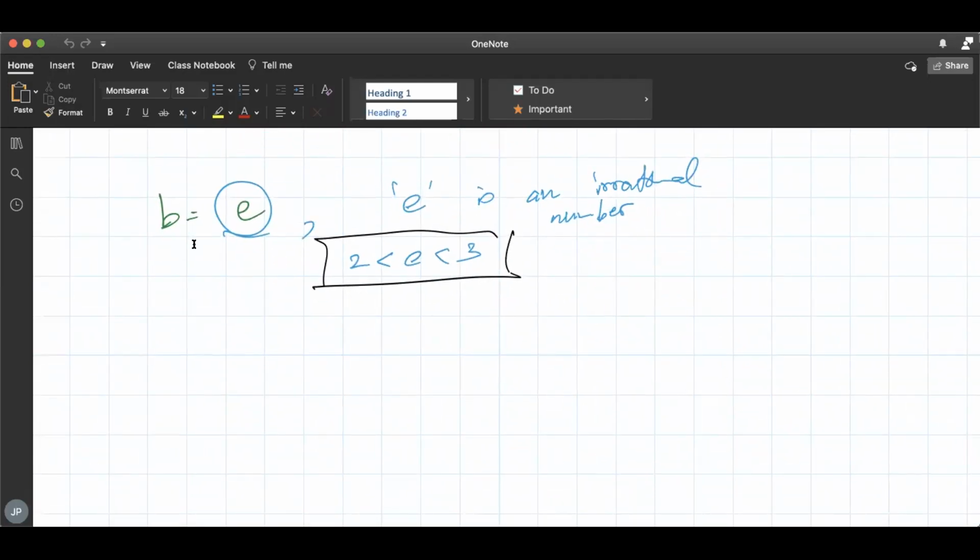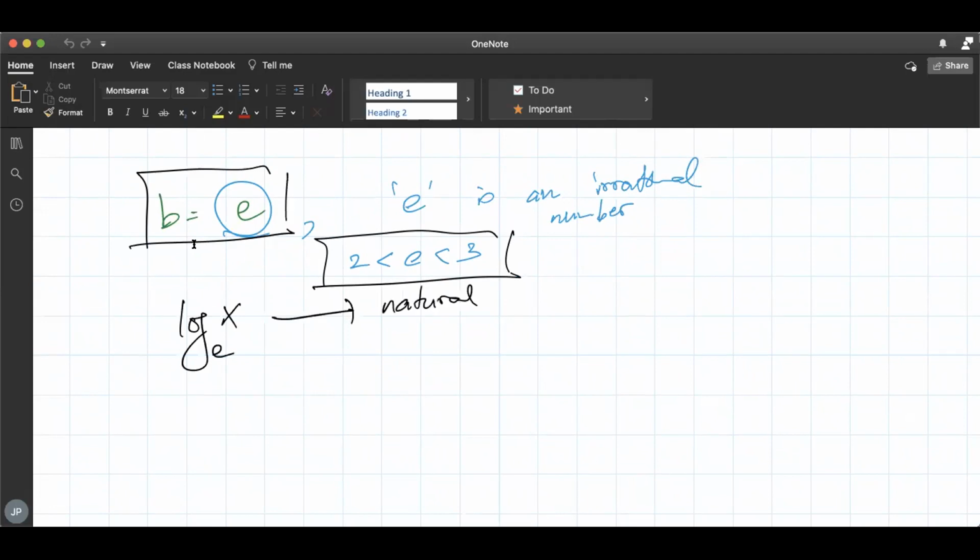When the base is e, we call it a natural logarithm. Like I said, the naturally occurring function, and it's often represented as ln of x. ln of x means the base is e.